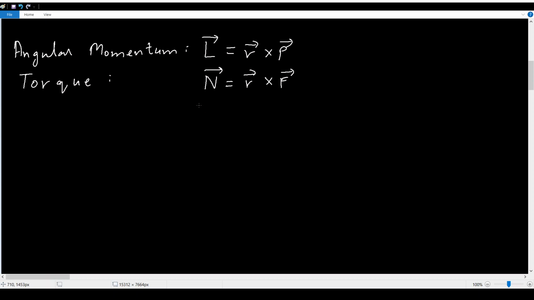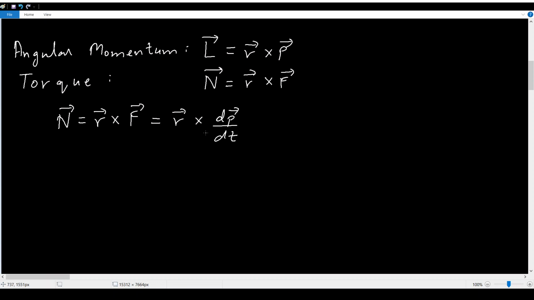Now, what we can do is try to get an equation of motion for rotational motion for the single particle. So we can start with the equation for the torque, N equals r cross F, and we can put in the equation of motion for linear motion here. So F becomes dp/dt from Newton's second law.